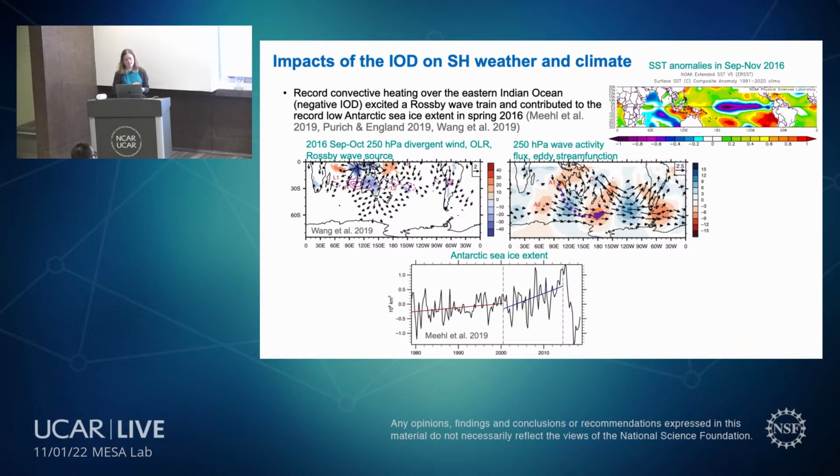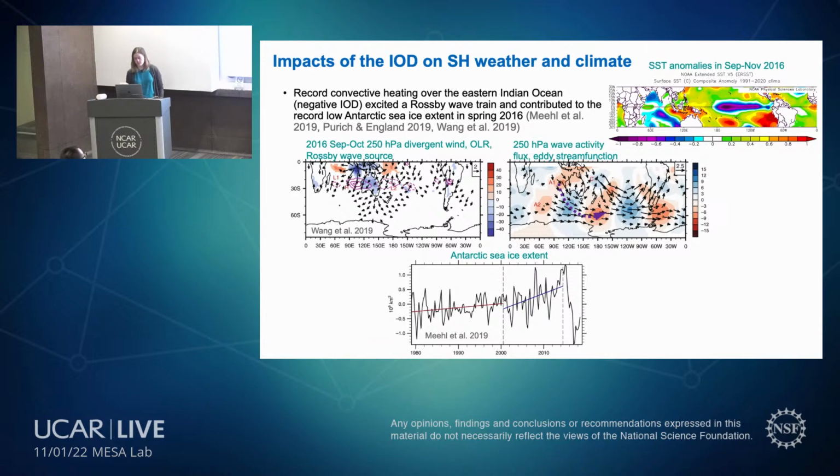And so one of these important ones we saw with the record negative IOD event that occurred in spring 2016, which is shown with these SST anomalies, where we have these warm SSTs and increased convection in the Eastern Indian Ocean and suppressed and cool sea surface temperatures in the Western Indian Ocean.